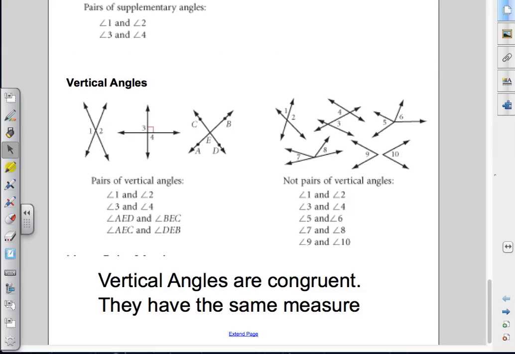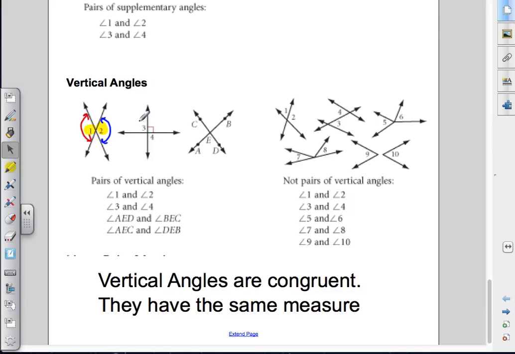See if you can tell me what the definition of a vertical angle is. Here's angle 1, and here's angle 2, and angle 1 is measuring the space between this ray and this ray. And angle 2 is measuring the distance from this ray to this ray, and these two are vertical angles.